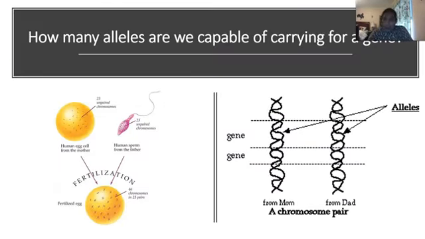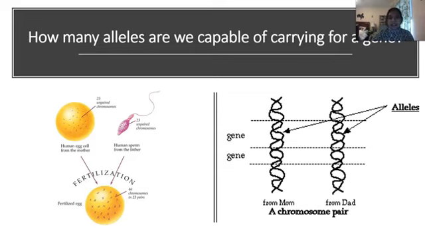Now, how many alleles can we have? Well, typical diploid organisms like ourselves would only be able to take 2 alleles at a time, one from your mom and one from your dad. Those two can be exactly the same, or they can be slightly different variations, or they can be extremely different variations. But either way, you can only have 2 alleles present in any of your given cells.